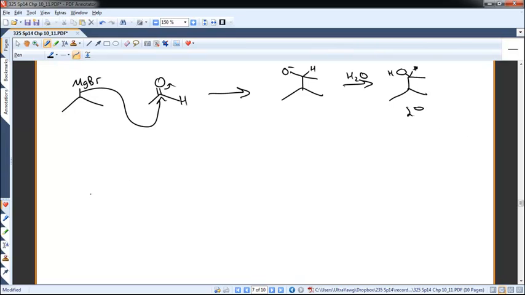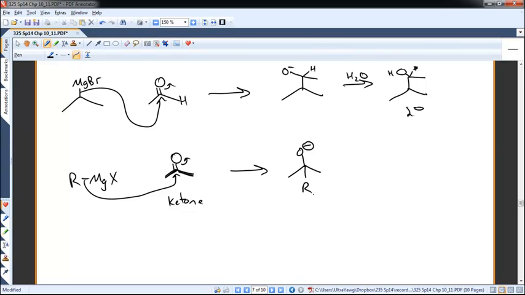If I want to make a tertiary alcohol, I take my Grignard, doesn't matter which one it is, and I add a ketone. Why do I have to add a ketone? Because this carbon that is going to get attacked has two carbons bonded to it already. This carbon will be the third, and so the result will be whatever my R group was.